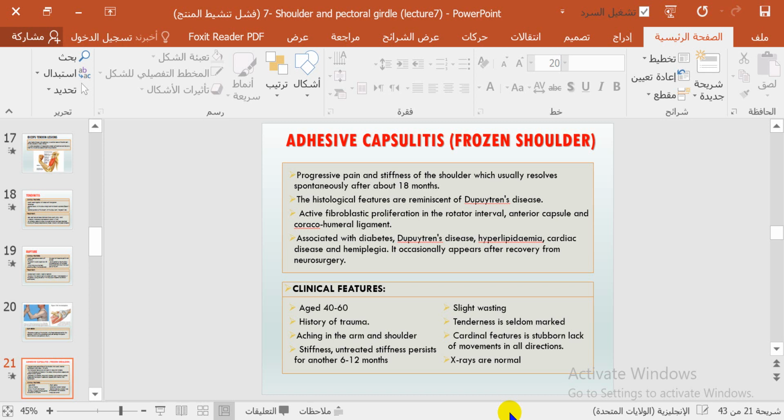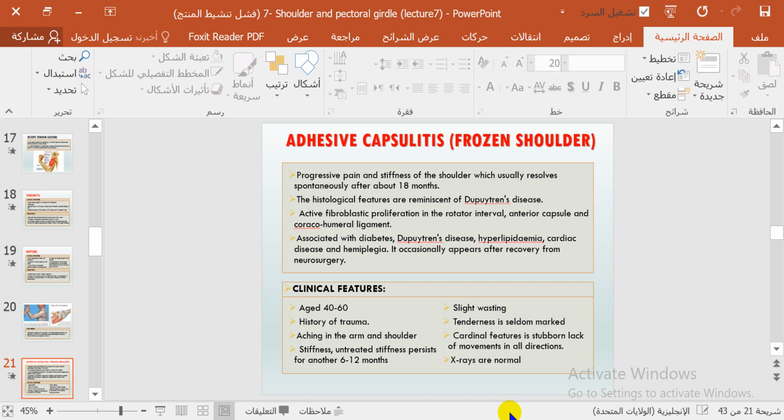In the clinical features, usually the age is about 40 to 60 years, history of trauma and aching pain in the arm or shoulder. Stiffness, if it starts, persists for another 6 to 12 months. Usually it takes about 2 years. And slight wasting, tenderness is seldom marked, and the cardinal feature is marked lack of movement in all directions, especially internal rotation and abduction.